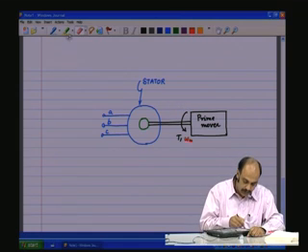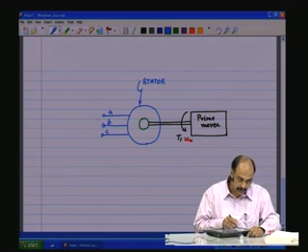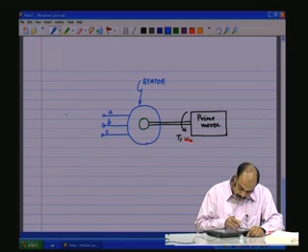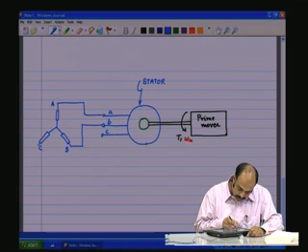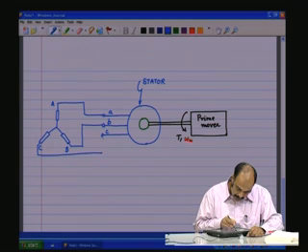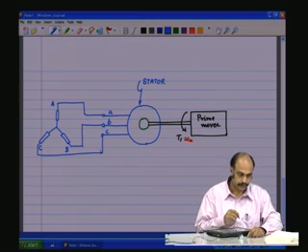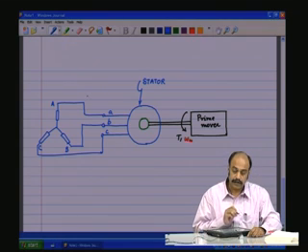So now we have the prime mover, and this is now connected to, let us say, a star load. So instead of a three-phase source, we are connecting the stator side to a three-phase resistive load as shown here, which is going to take the active power.